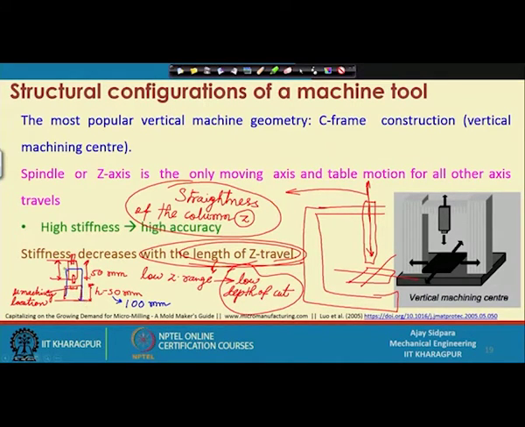So, now why does the Z axis play an important role? Because if you have a variable height of the workpiece, and every time your objective is to do machining here only, the same way as we are doing in the earlier workpiece, but now the height of the workpiece is a little bit large. So, to accommodate such types of workpieces, what we need is the adjustment or a long length of the Z travel.